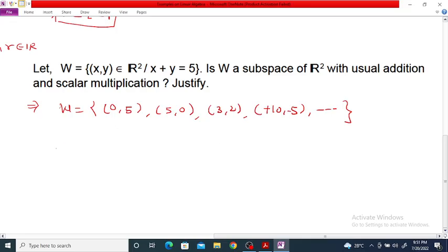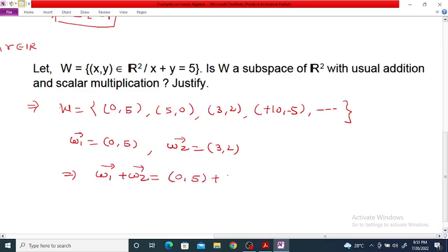But if we select, say, w1 bar equal to (0, 5) and w2 bar equal to (3, 2), then w1 bar plus w2 bar is equal to (0, 5) plus (3, 2), which is equal to (3, 7), and this vector does not belong to W. Why?